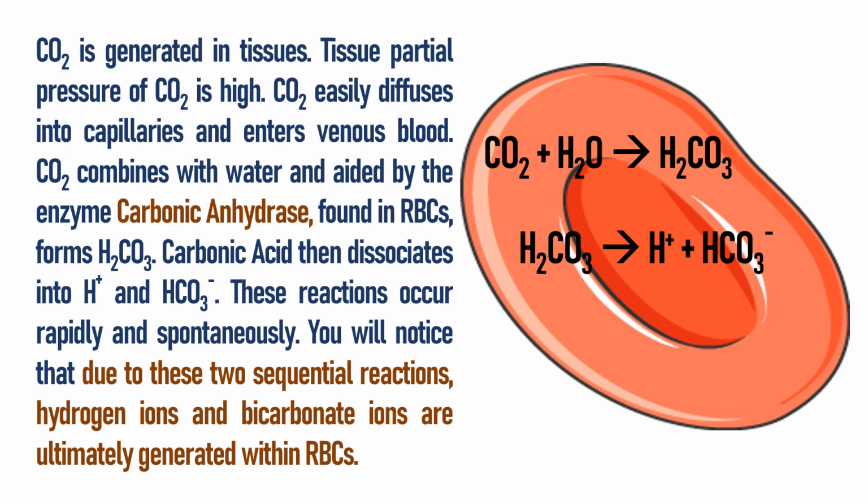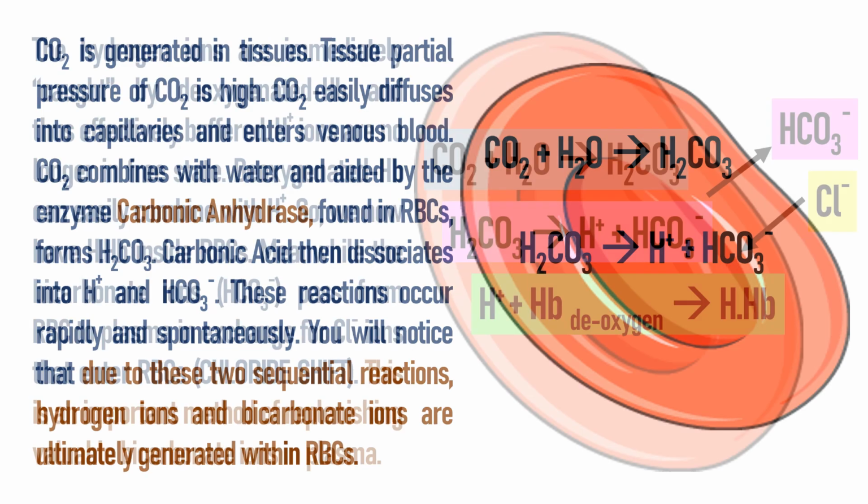Carbon dioxide combines with water and, aided by the enzyme carbonic anhydrase found inside red blood cells, forms carbonic acid. This carbonic acid then dissociates into hydrogen ions and bicarbonate ions. This reaction occurs rapidly and spontaneously. You will notice that due to these two sequential reactions, hydrogen ions and bicarbonate ions are ultimately generated within red blood cells.